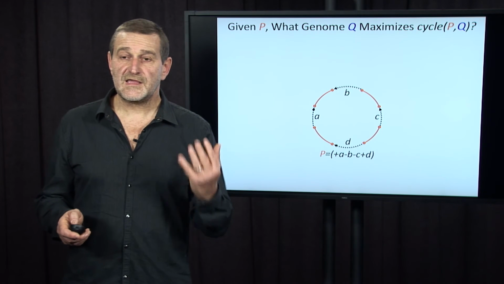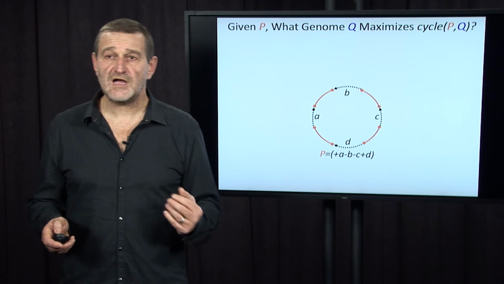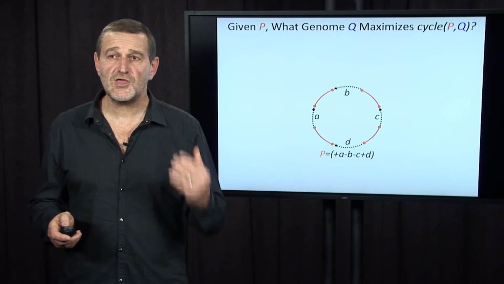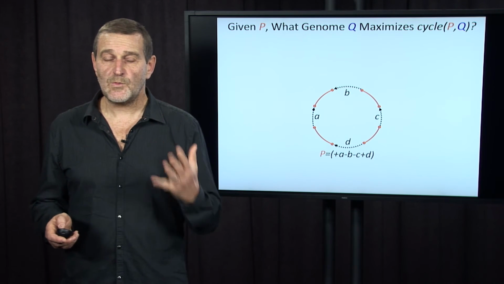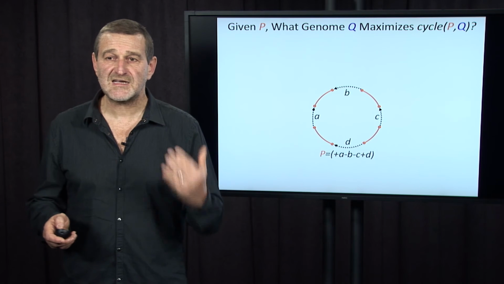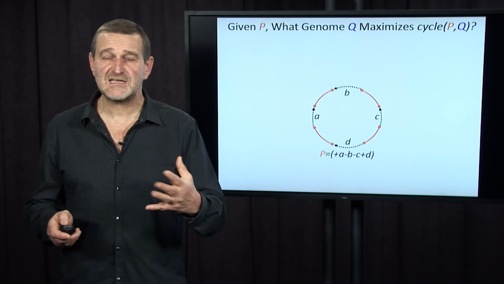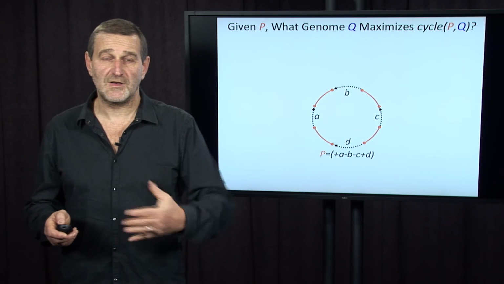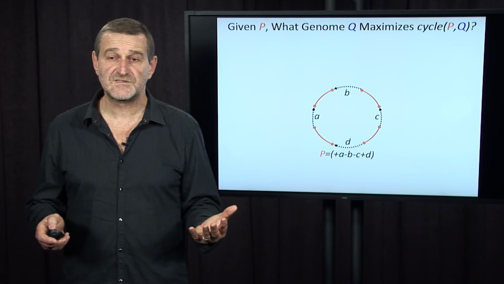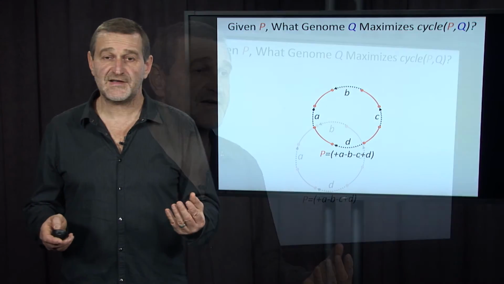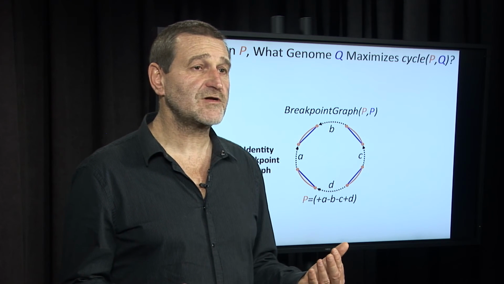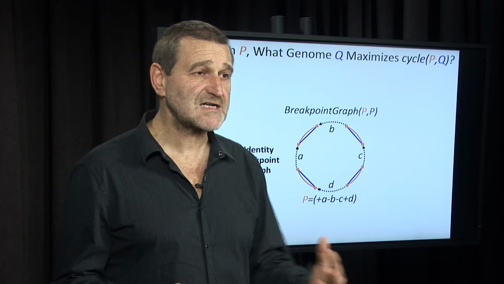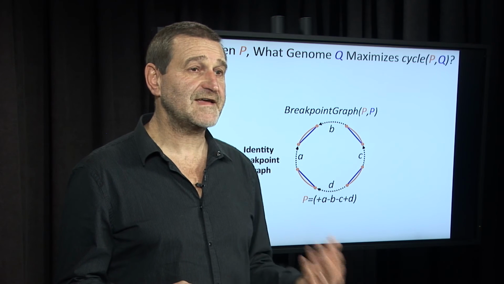Now, given genome P, I want to ask you, what is the genome Q that maximizes the cycle number? Well, the cycle number will be maximized if every cycle is small, and the shortest cycle consists of just 2 edges, one red edge and one blue edge, which means this is the breakpoint graph with the maximum number of alternating cycles.